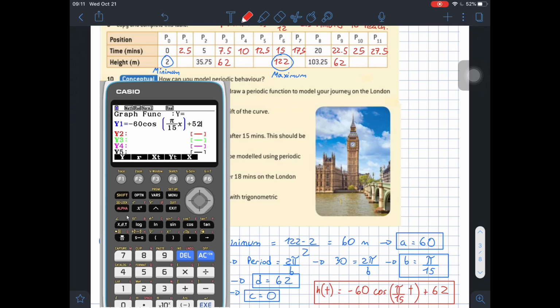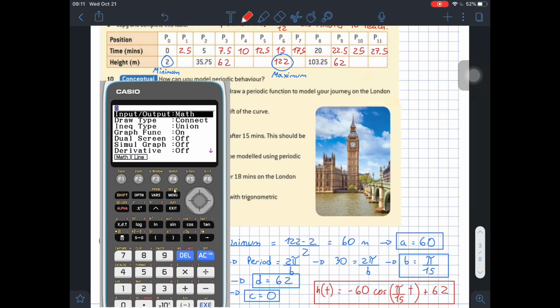Remember that 62. Whenever we're working with trigonometric functions, we should have our calculator set to radians. So shift menu, make sure that it is set up in radians. Angle says radians, so that's fine.